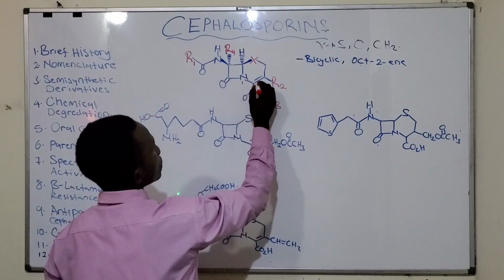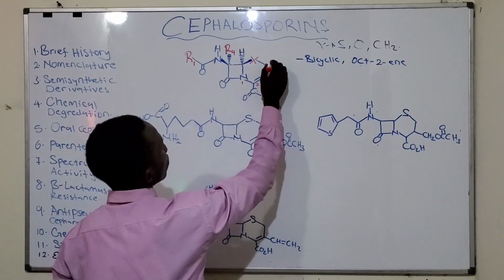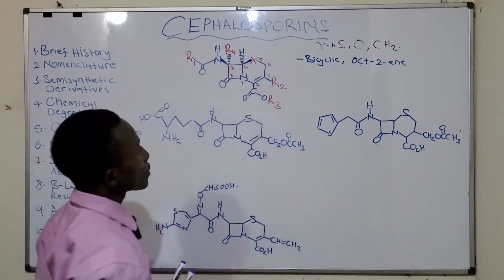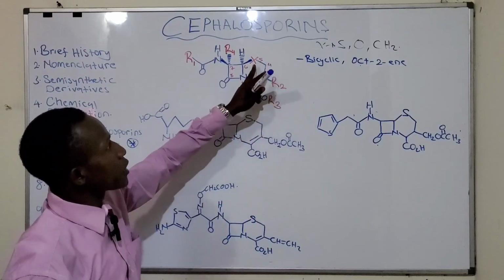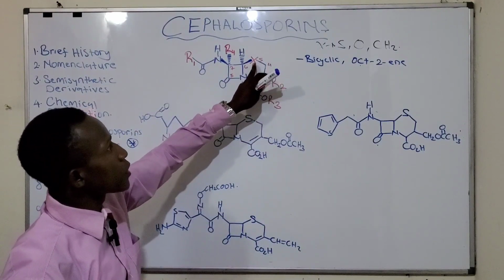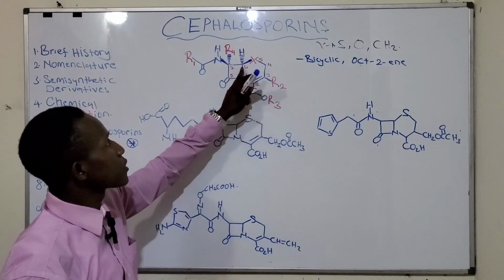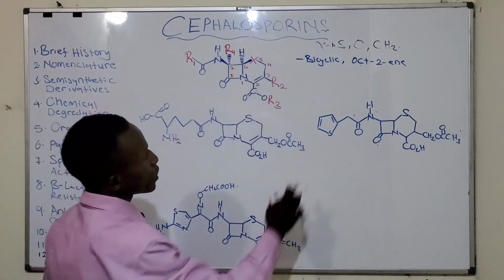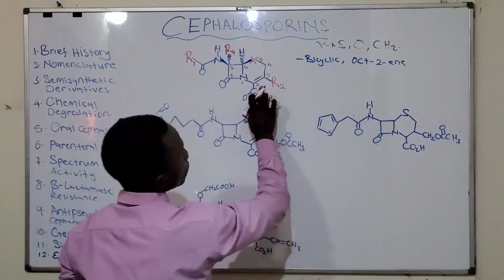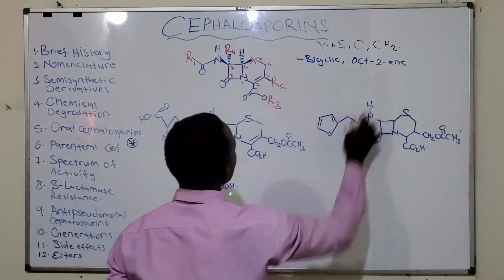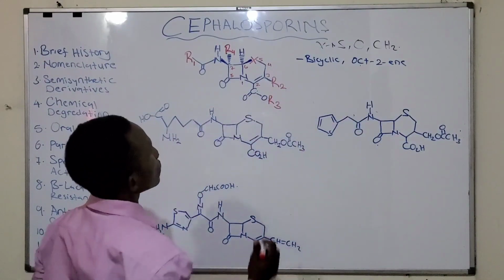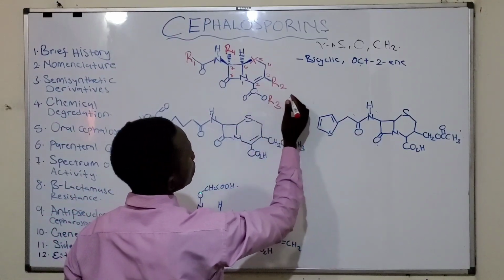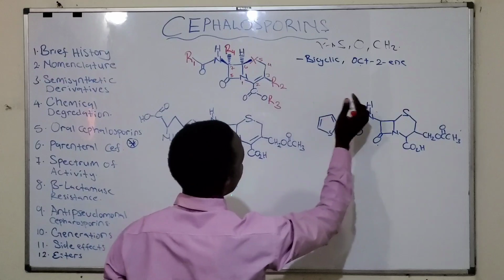This is 1, 2, 3, 4, 5, 6, 7, 8. Sometimes you may find that they count from the sulfur group. From here, 1, 2, 3, 4, 5, 6, 7, 8. But let me count from this side. So it is oct-2-ene, meaning that at position 2 there is a double bond. Also, it has a carboxyl group at position 2.